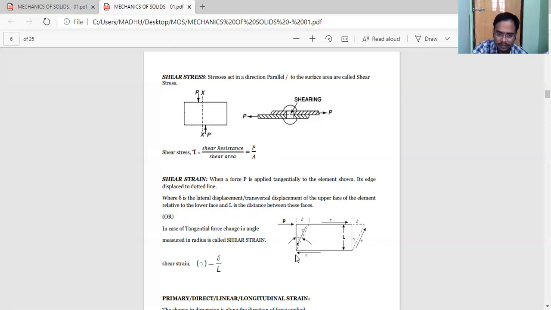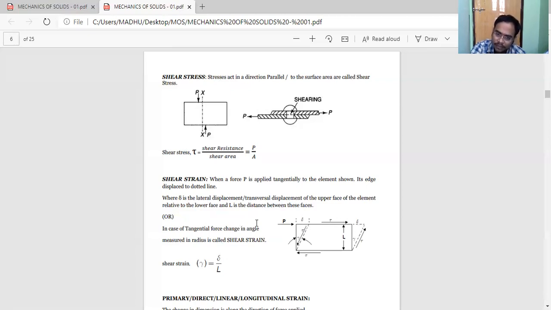Suppose you are having a body, initially a rectangular body, and this body is subjected to a load P over one surface. So it is parallel to the surface, it is acting over the surface. So what happens? You will find the displacement of this top surface from its original position to a point, which covers a distance, a change in length del.